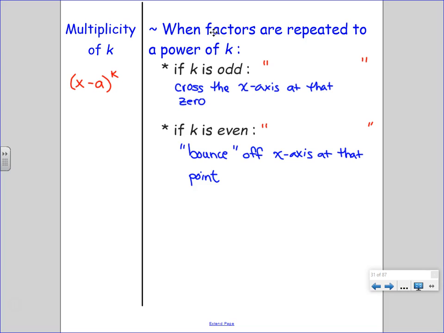Factors are repeated to a power of k. I actually kind of gave you some of the wording. If k is odd, we're going to cross through. And if k is even, we're going to bounce off.